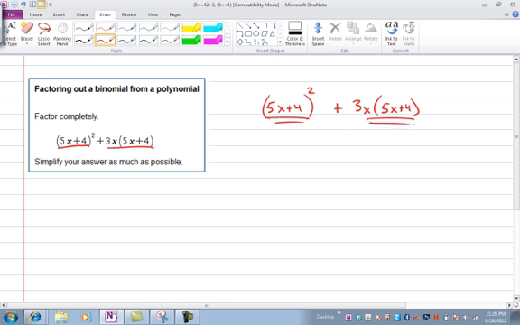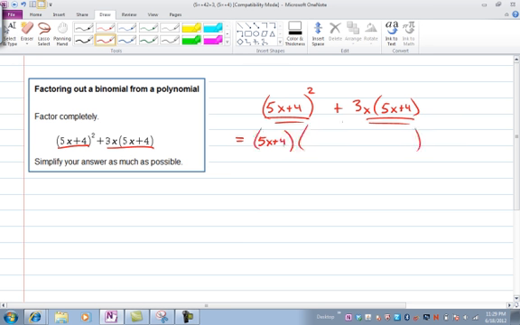This has the look of a 2-term expression with a common factor. And so what we'd like you to be able to do is look at this and say, well, 5x plus 4 appears in each term at least once. So 5x plus 4 is the common factor.